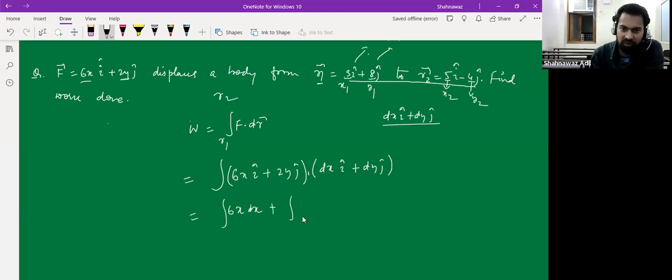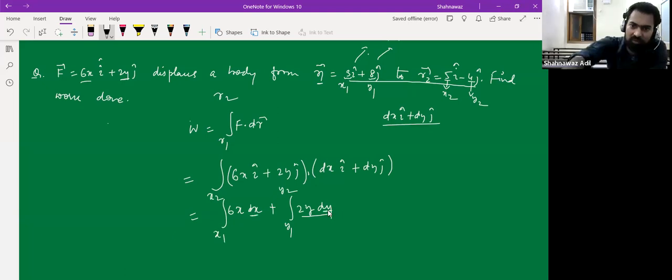So in here we will take what? The limits of y. So you see that this will be y1, y2, and this will be x1 and x2. Right, guys? Am I correct, guys?